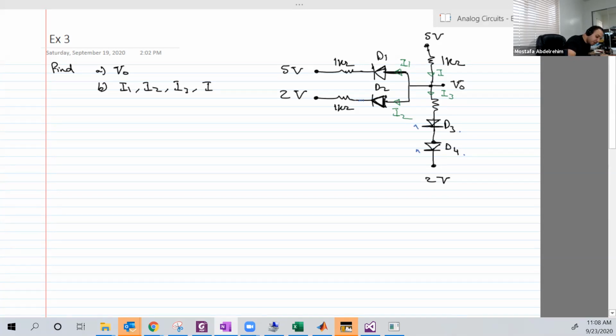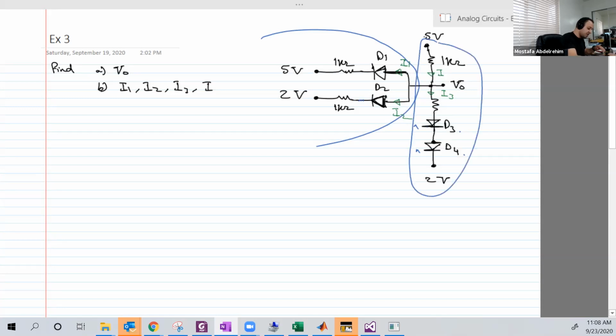But their P sides, we have here 5, we have here 5, we have here 2. So you can't say, if this branch here is not there, I mean the circuit is only that branch, you will say that they are on or forward.